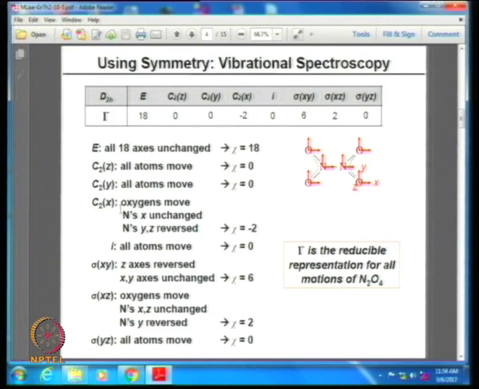But sorry, this was C2 of Z. So for C2 of X, the oxygens all move, but the ends of the X are unchanged, and the ends of the Y and Z are reversed. So in this case, the X axis is this way.